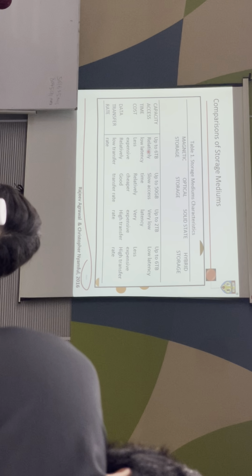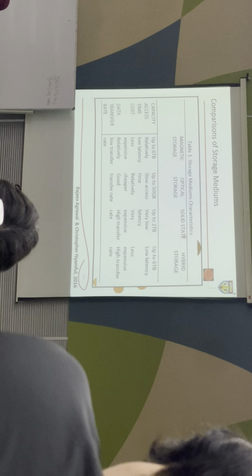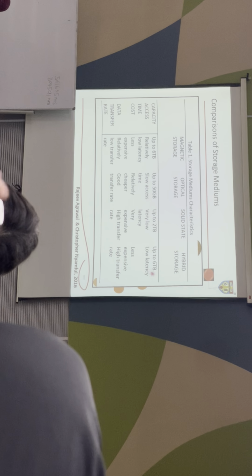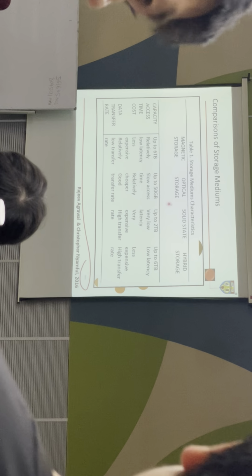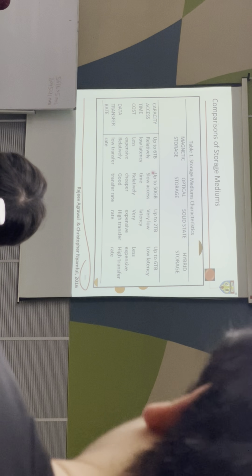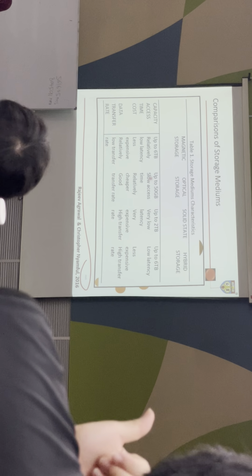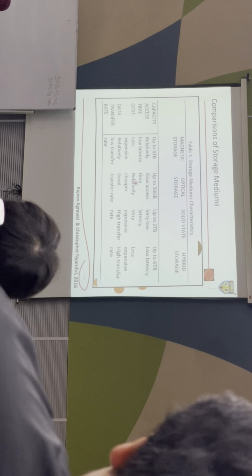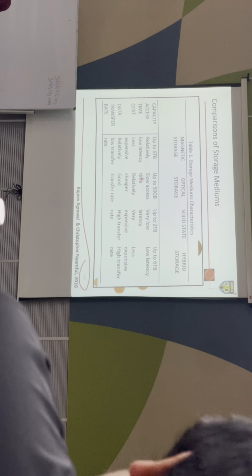Okay, so if you have a large data set, you can focus on magnetic storage and also the hybrid storage. Okay, and then we have access time. Optical storage has slow access time. Okay, if you are using this optical storage, then your computer will run slow.